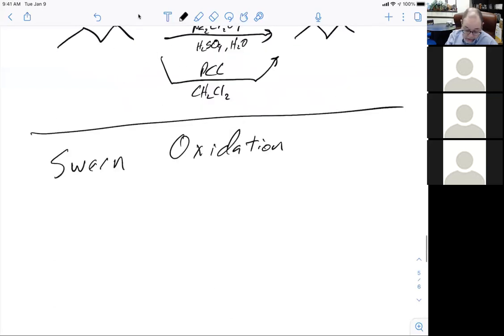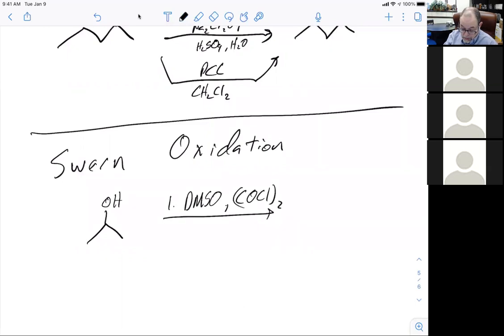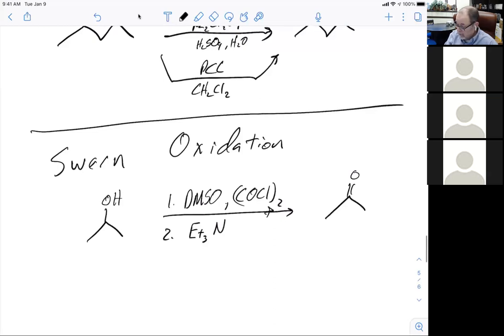Okay, so the Swern oxidation uses DMSO and this acid chloride compound, followed by triethylamine to give us the carbonyl.